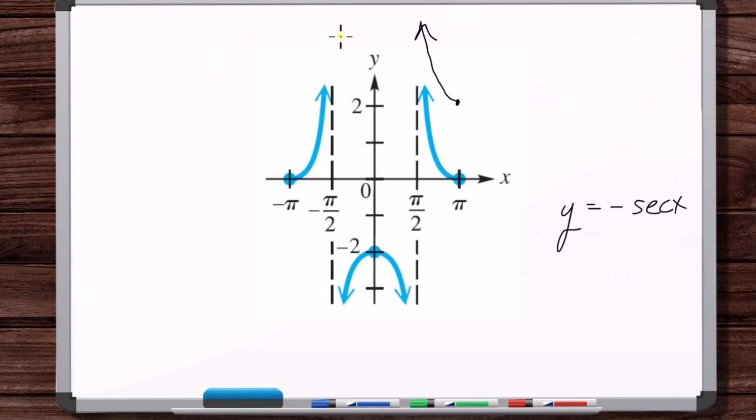But that's not the case. So then it's been shifted down 1. Minus secant x, so it gets flipped. Secant is flipped about the x-axis, and then it's just shifted down 1. So we've got minus secant x minus 1. There we go.